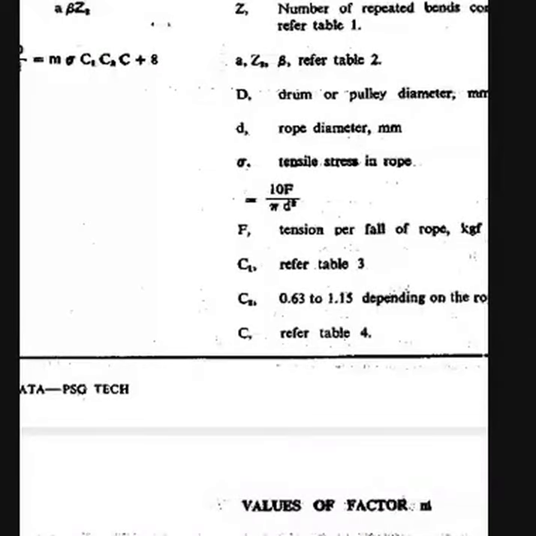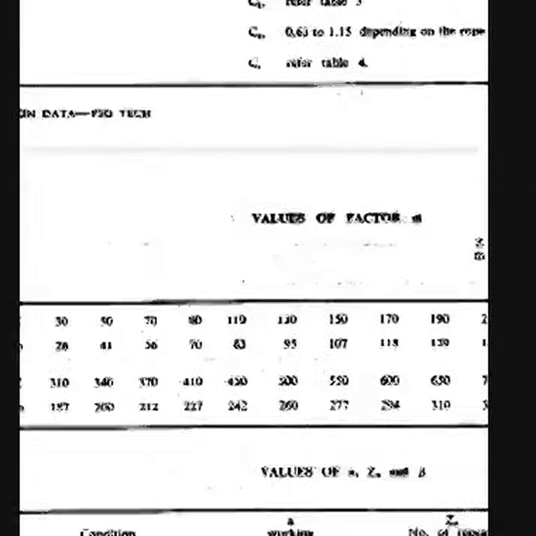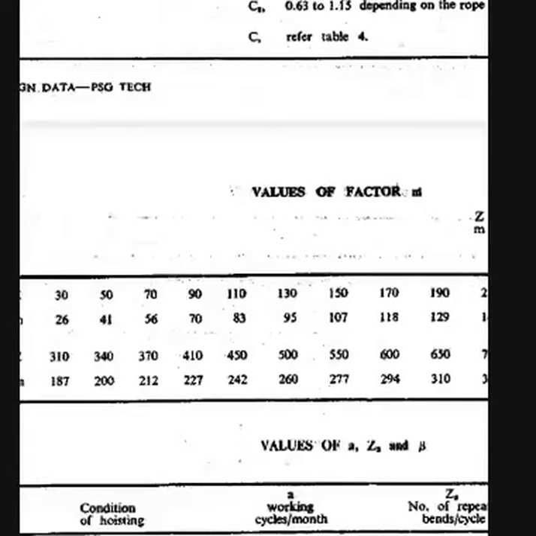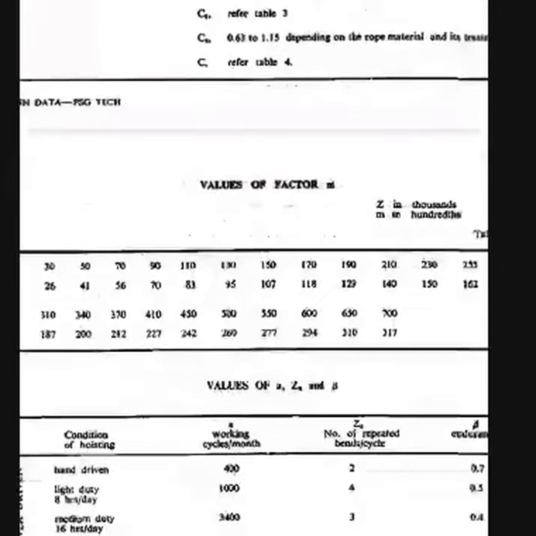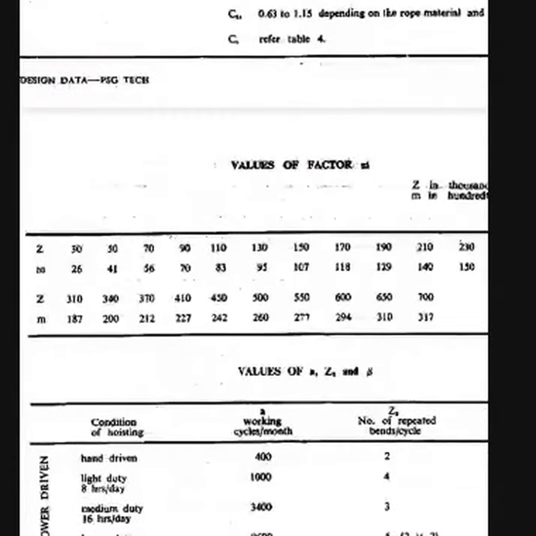Then what is A, Z2 and beta? Refer table 2. He is saying refer table 2 for A, beta, Z2. So this is table 2. A, beta, Z2. He says condition of hoisting: hand driven, light duty, medium duty, heavy duty. So we have to take one of them. Let us take medium duty. For medium duty, you have to take A, Z2 and beta.